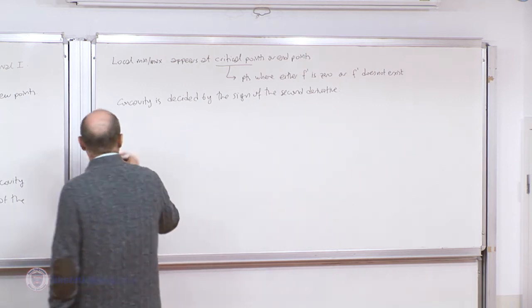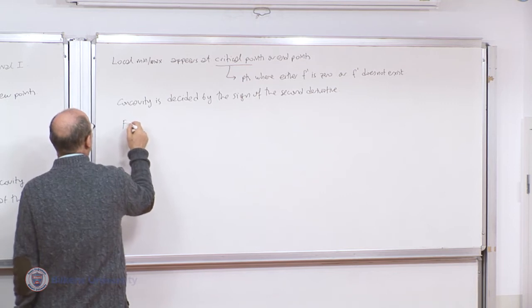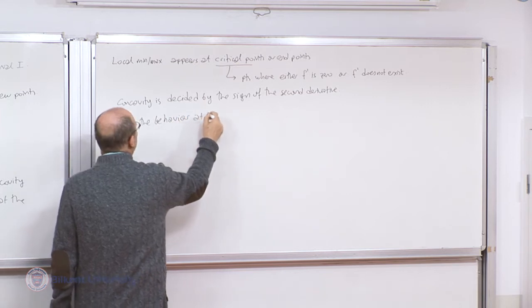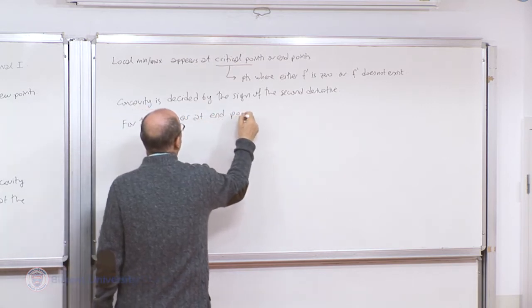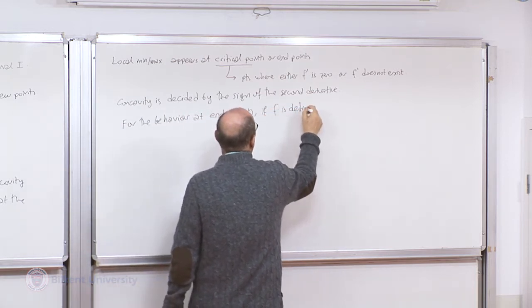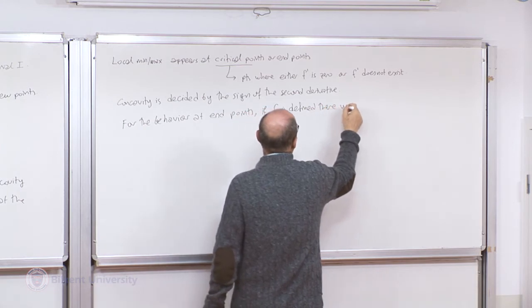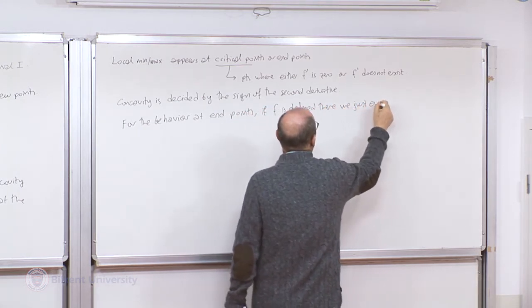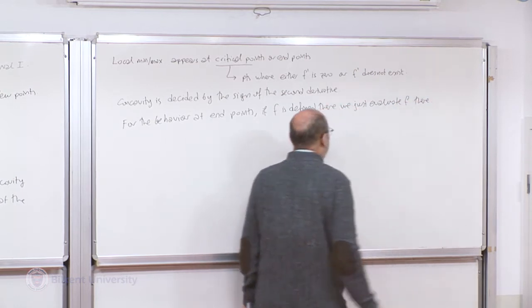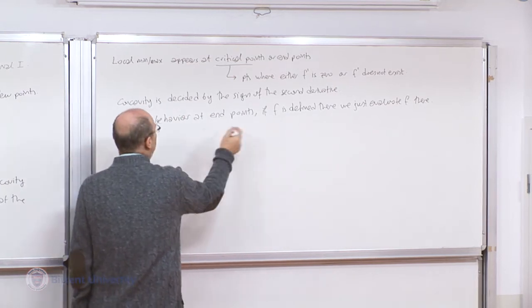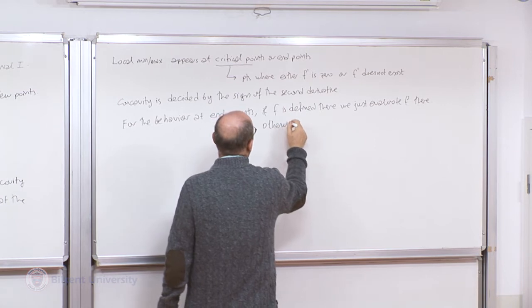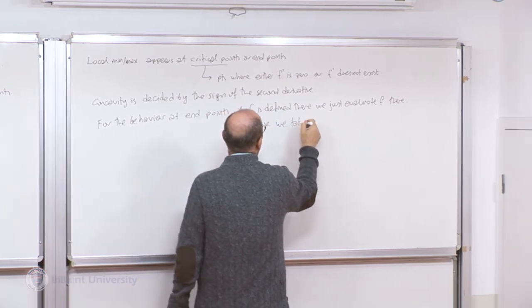For the behavior at endpoints, if f is defined there, we just evaluate f there. Otherwise, if it is not defined there, we take limits.